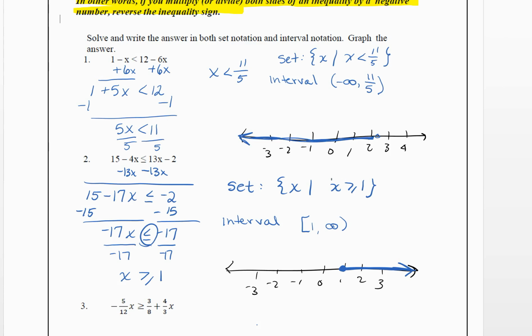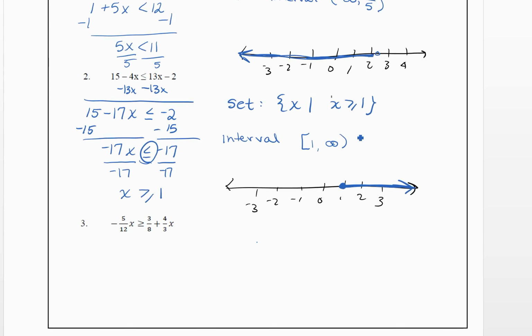Okay, let's do one more, and we're going to do this one because it has fractions, but you can use your calculator to help you add and subtract fractions if you want. Nothing changes. So the first thing I'm going to do here is subtract 4/3 x from both sides.